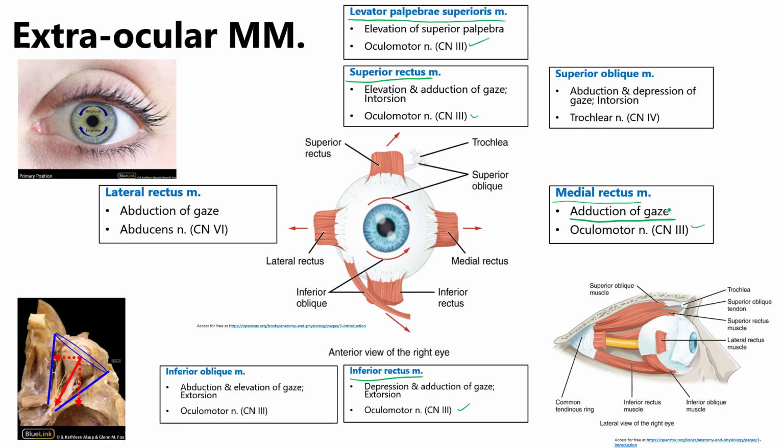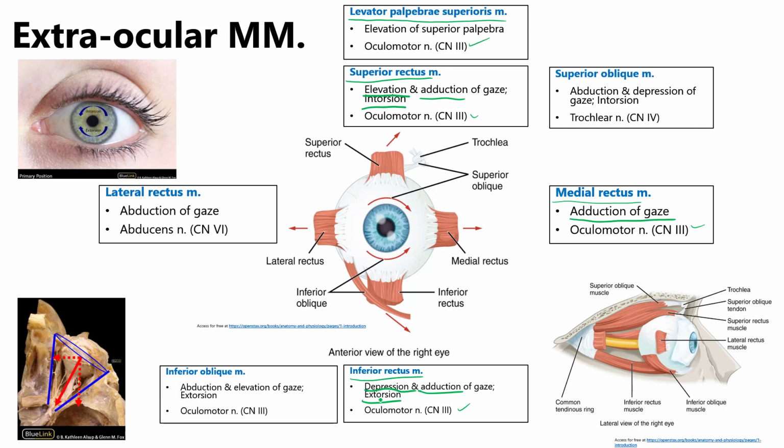So medial rectus purely adducts gaze. Superior and inferior rectus also adduct gaze or move gaze medially. The superior rectus muscle also elevates and is responsible for intorsion. The inferior rectus muscle depresses gaze and is responsible for extorsion.